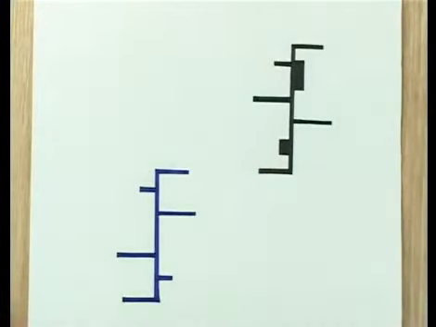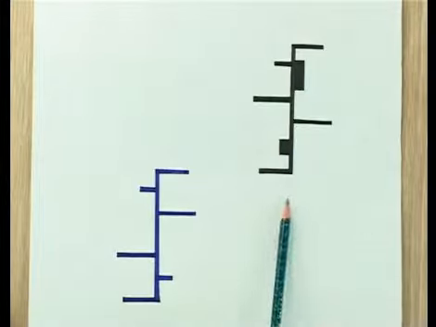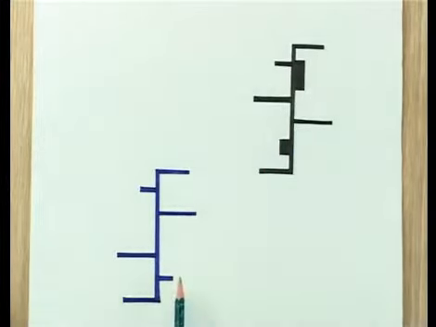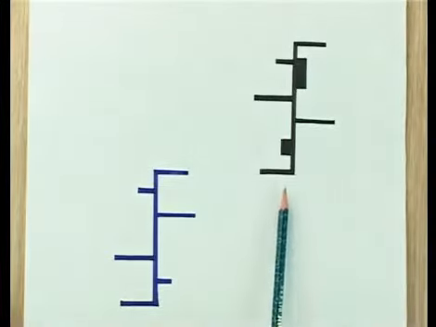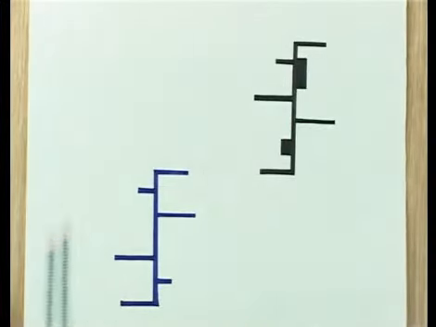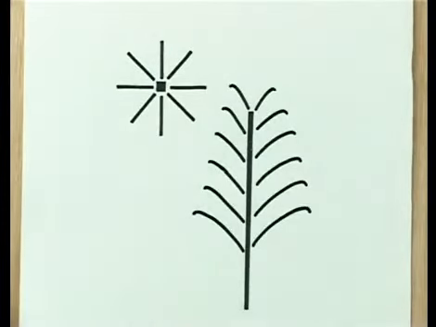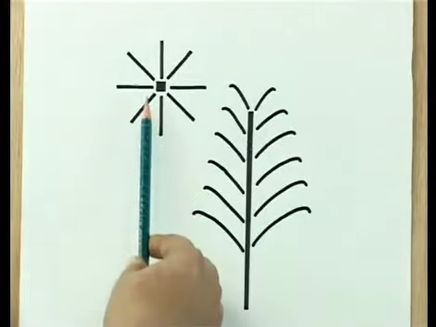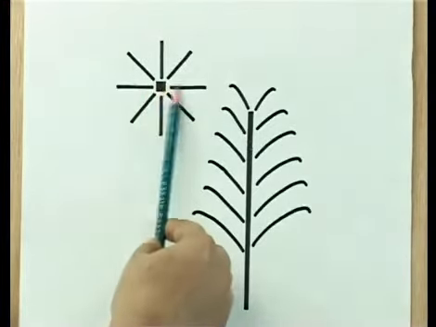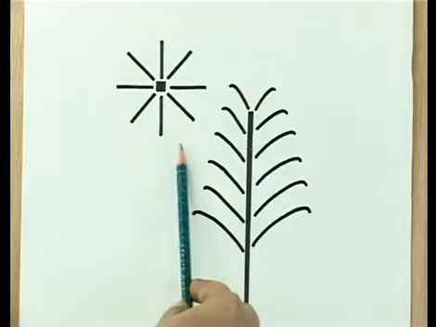Whenever balance is to be considered vertically, that is, about the vertical axis, it is called vertical balance. Further, it may be symmetric or asymmetric. Whenever everything is arranged around the center point, it is called radial balance.